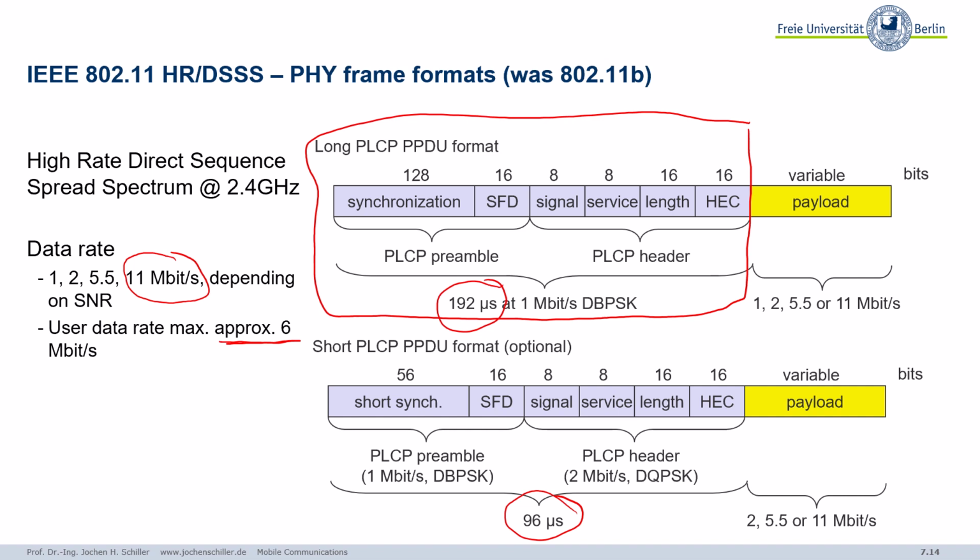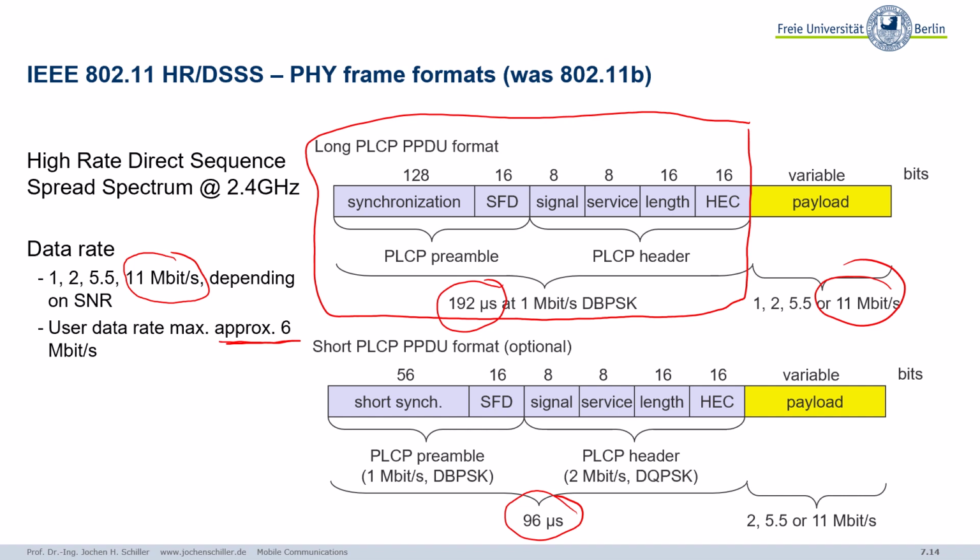And after that, the system can switch to the higher data rates. So not only do we have gaps between the packets, which we need for the medium access, but additionally, we also have headers operating at lower data rates before we can switch over to the high data rates. And this all contributes to the overall lower data rate, here for example 6 megabits per second, although you could transmit your payload at 11 megabits per second.